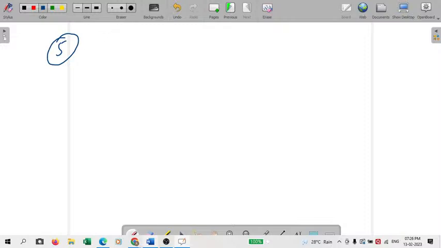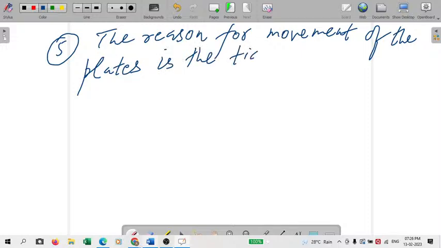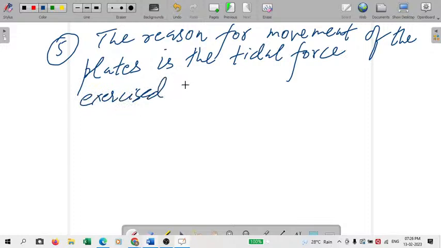Alfred Wegener said the reason for movement of the plates is the tidal force exercised by the moon and the sun.